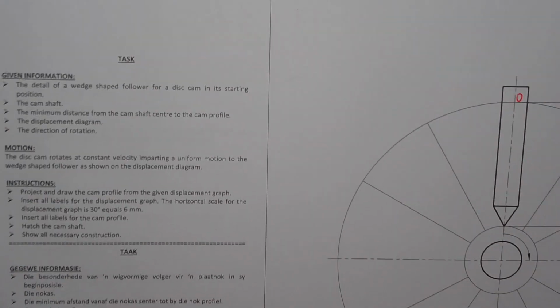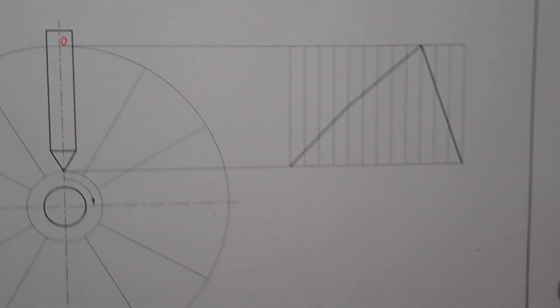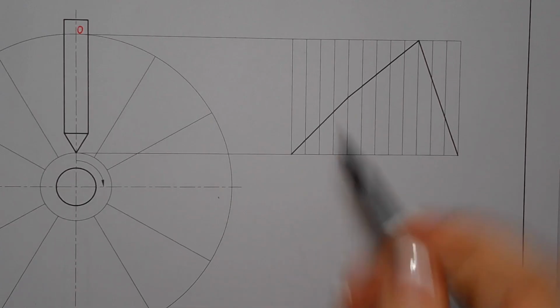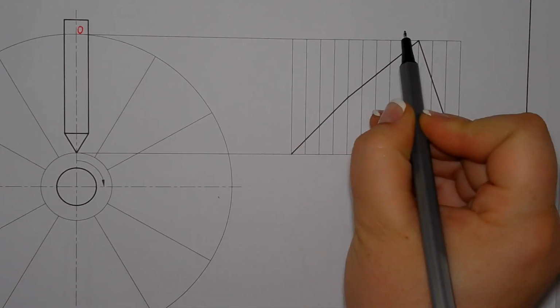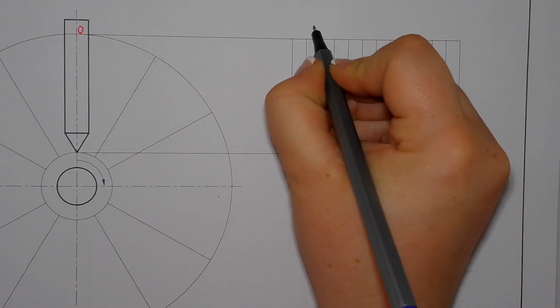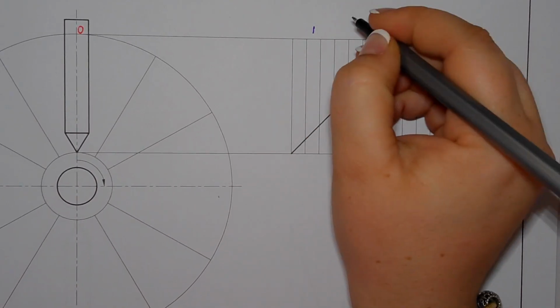Okay, so let's start by labeling. Your labels will usually be the same, and you do get marks for your labels. So I'm starting at the top by labeling a displacement diagram. It's in the instructions if you want the spelling.